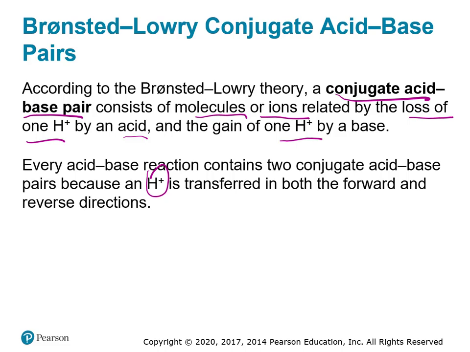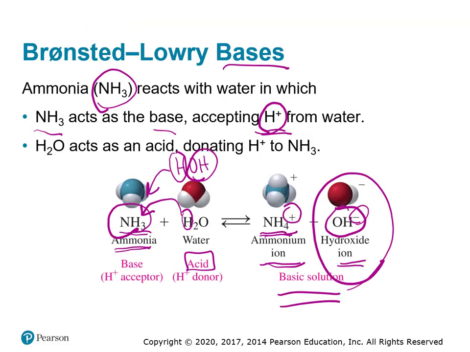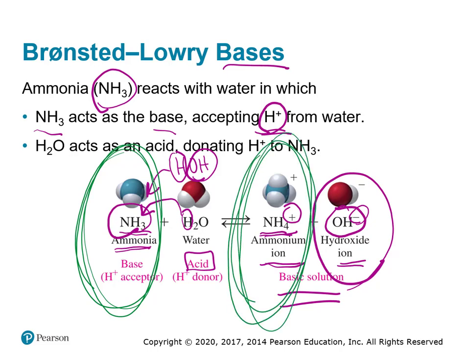If we go back and look at this last example, here's what I like to ask myself. Let's just pick a reactant, starting with NH3. Which one of the products is most similar to NH3, but either gained or lost a hydrogen? Well, that would be this guy, the NH4.